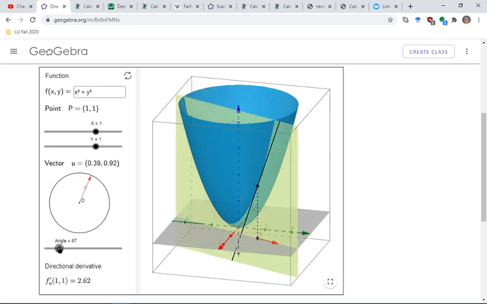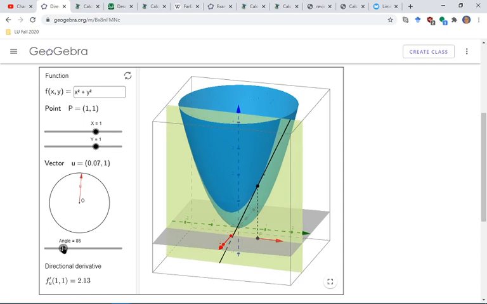At what angle do you think I should stop? Of course, if you say 90 degrees, you had the right guess, except that my hand is not okay. Right, 90 degrees. So this plane now is slicing our surface, and it's parallel to the yz plane.